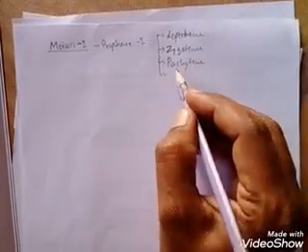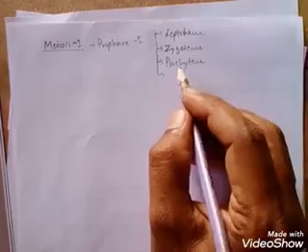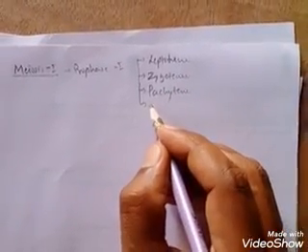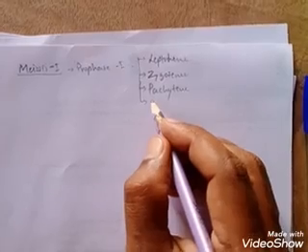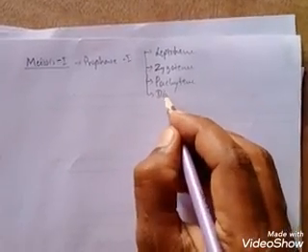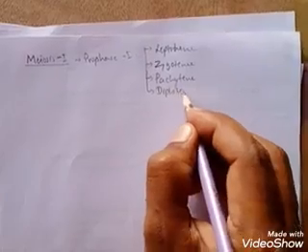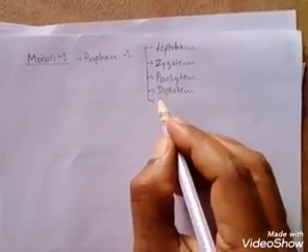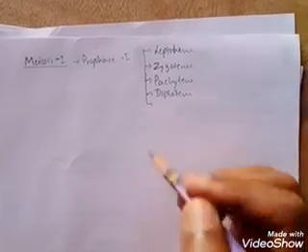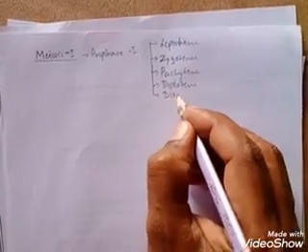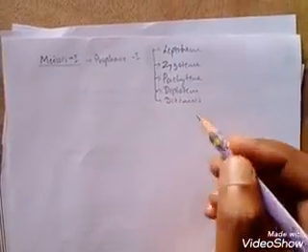Fourth is diplotene, and the final, that is the last phase or fifth subphase of prophase I, is diakinesis. These are the 5 phases.